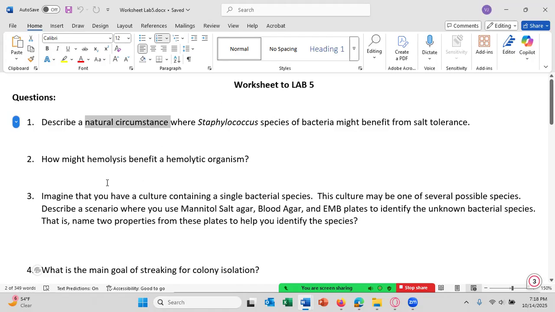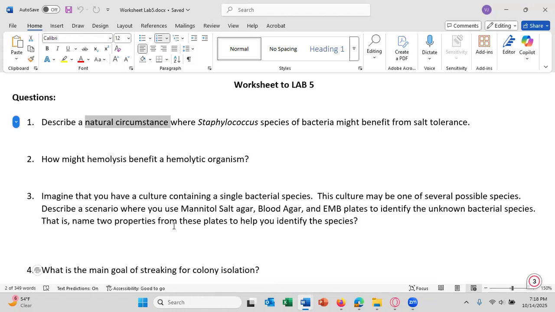All right. Question 2. How might hemolysis benefit a hemolytic organism? If we have a hemolytic bacteria that can lyse the red blood cells, why could that benefit the bacteria? And then 3. Imagine you have a culture containing a single bacterial species, but the culture is unidentified, and it could be one of several possible species.